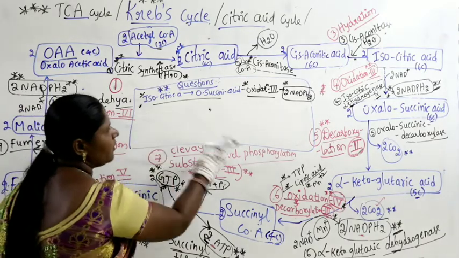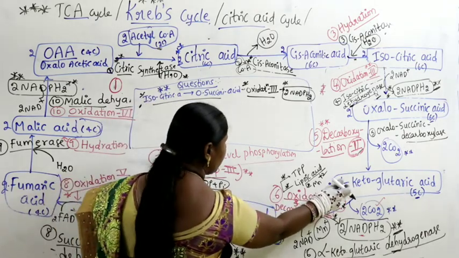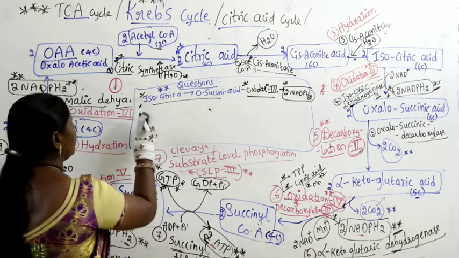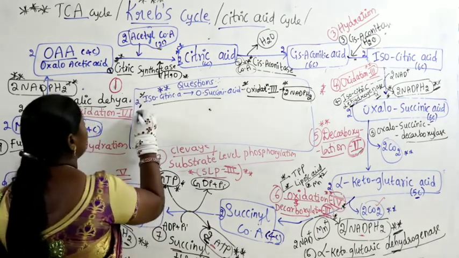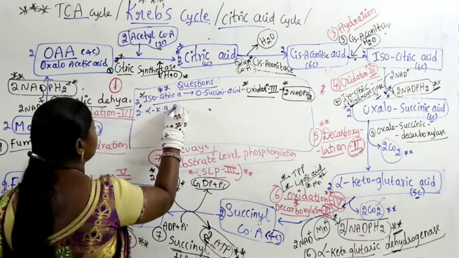Next is where oxidation number 4 occurs: conversion from alpha ketoglutaric acid to succinyl CoA. So here I am writing, 2 molecules of alpha ketoglutaric acid.